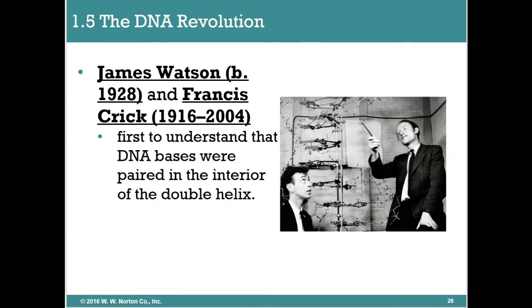Two other scientists that were pioneers in the discovery of DNA were James Watson and Francis Crick. There's a lot of controversy behind who discovered DNA, but generally speaking, the two people who discovered the structure of DNA were Dorothy and Rosalind.